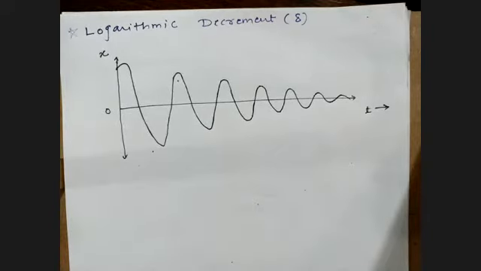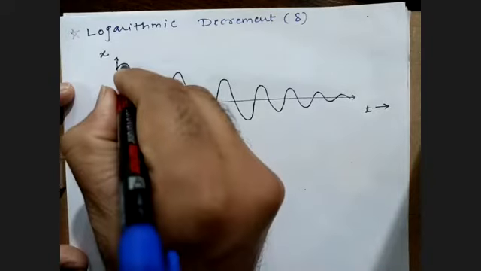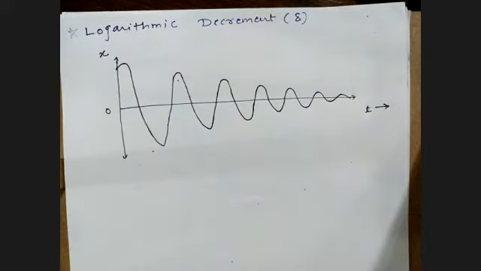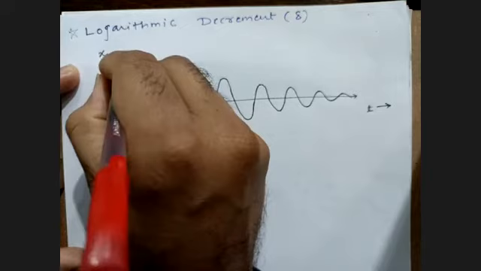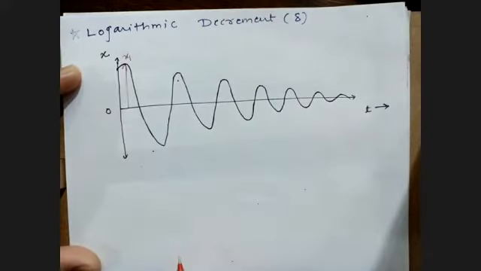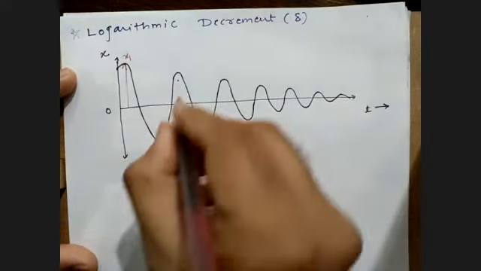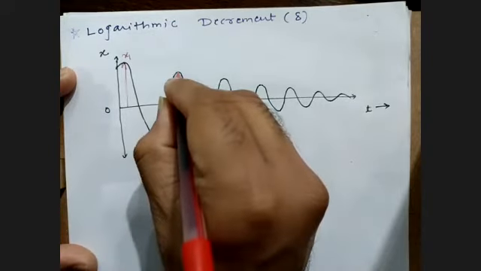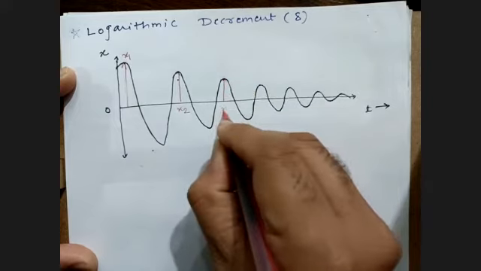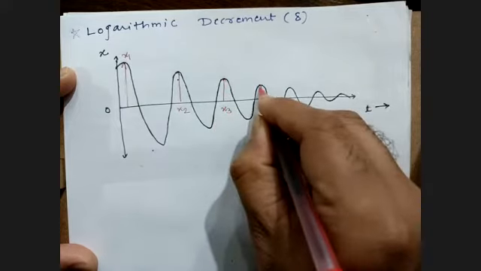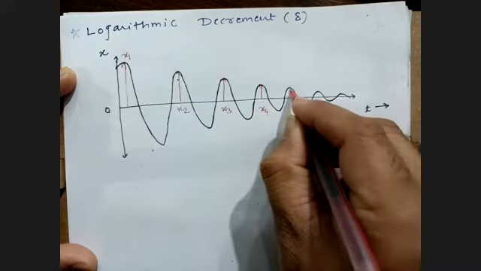If I consider this point from here to here, from this end, that amplitude is x1. If I say this is x2, in the same way this is the amplitude for the third cycle, x3, and this is the amplitude x4, and so on.